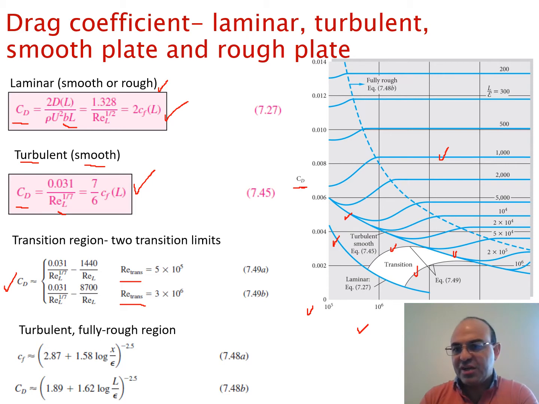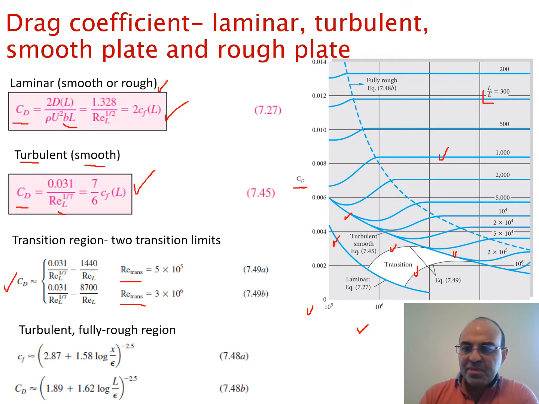So let's see what's going on. Here the roughness ratio is defined as L, the length of the flat plate, divided by the roughness. In internal flow, roughness was epsilon divided by D, the diameter. So the roughness ratio in the internal flow is defined differently.